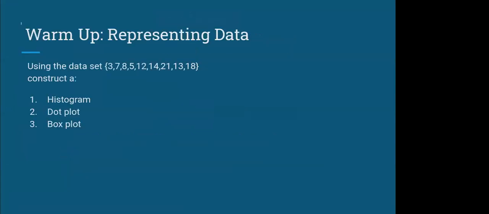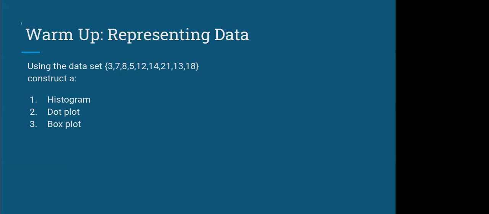Work time, work time. So last week we talked about the 3 plots. We did a review of them: a histogram, a dot plot, and a box plot. And I promised you on Friday that this would be your warm-up.